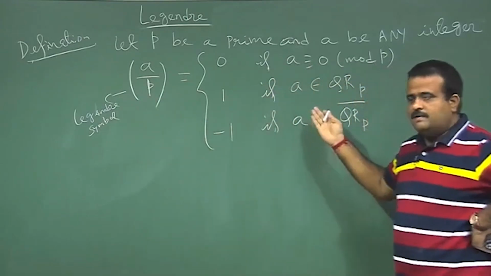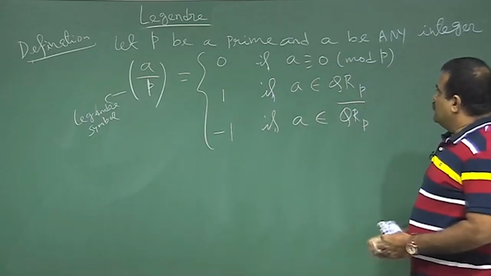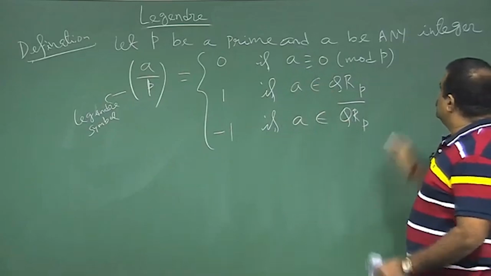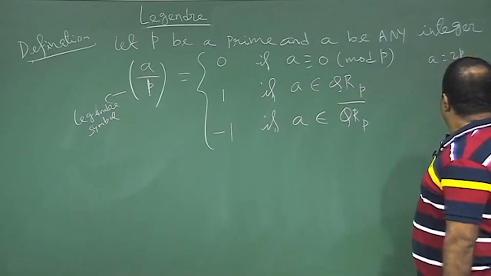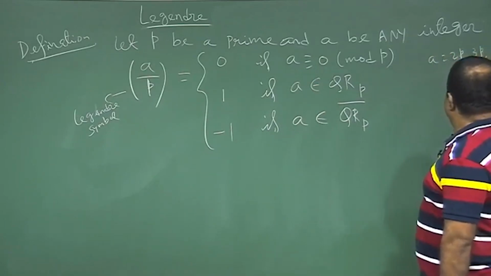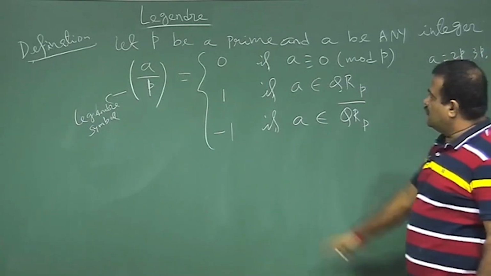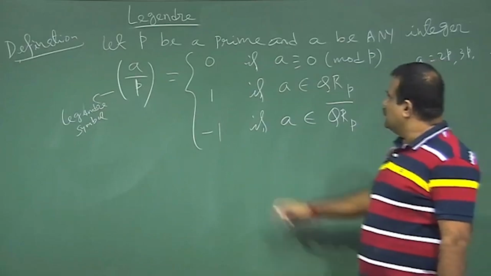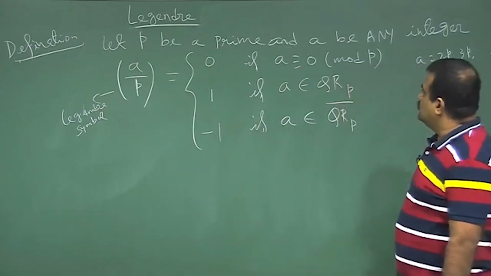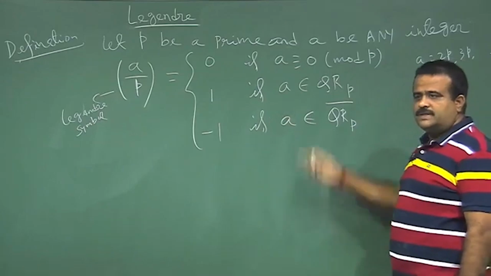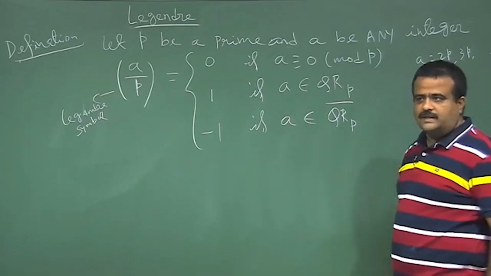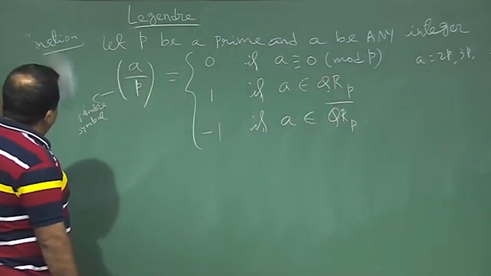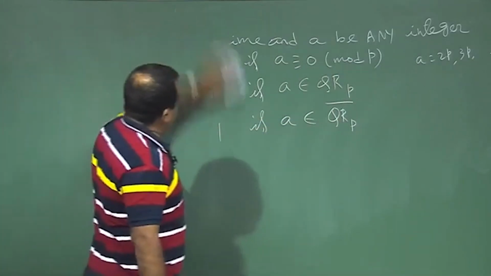It is 0 if p divides a, say if a is equal to 2p or 3p. Otherwise, it is 1 if a is a quadratic residue mod p, and minus 1 if it is a quadratic non-residue. Now we will talk about some results based on the Legendre symbol, or you can say theorems.